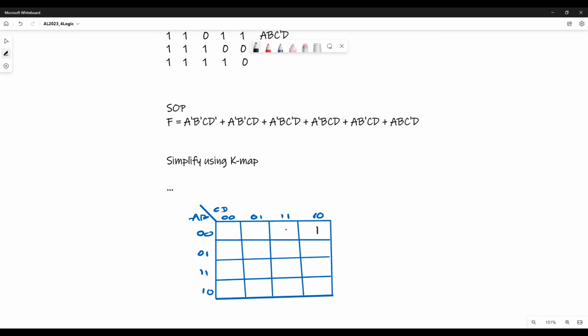Then A dash B dash C D, this is 1. Then we have A dash B, C dash D, A dash B, C D, then A B dash, A B dash, C D, this is 1.